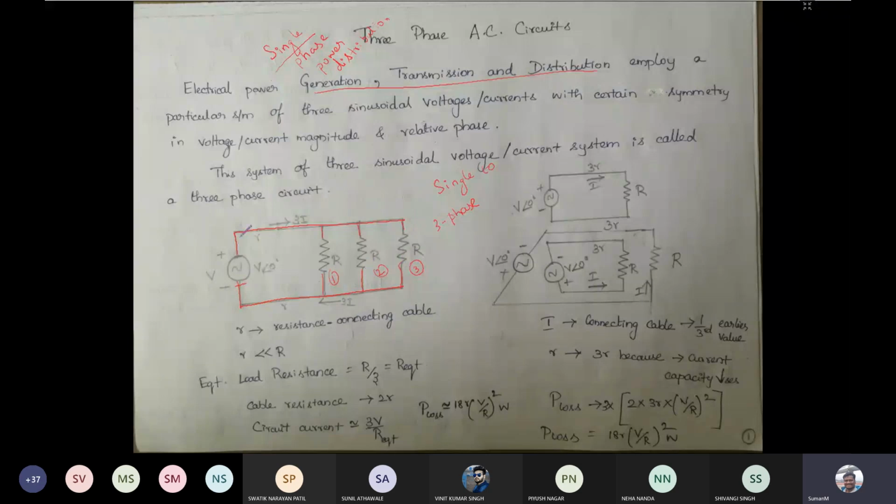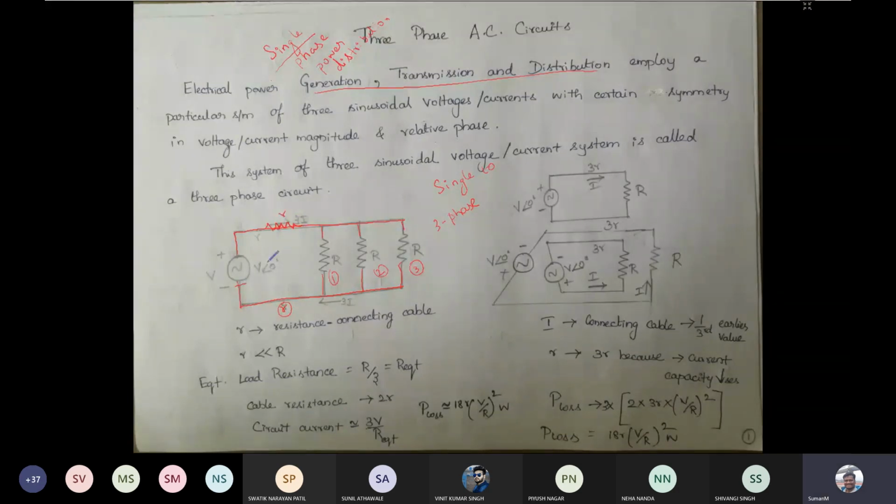Now there is a wire which is connecting this generating station to this load. The resistance of this cable, which is connecting the source to the load, we can consider as a small r. Similarly, you can consider that there is a wire here with a resistance small r, but we did not draw it.